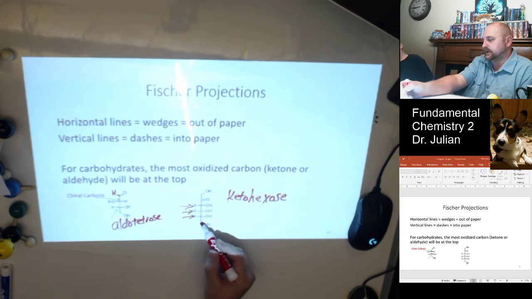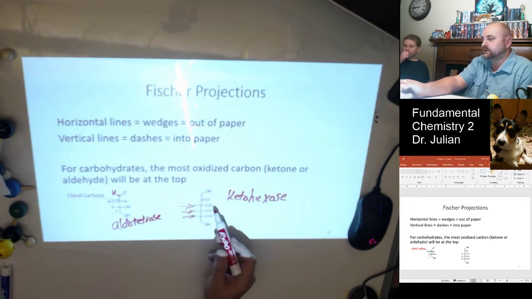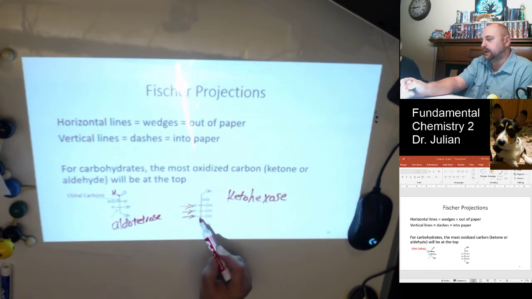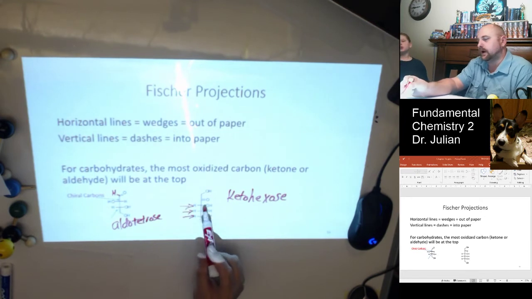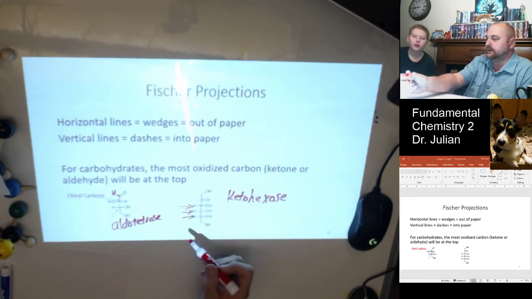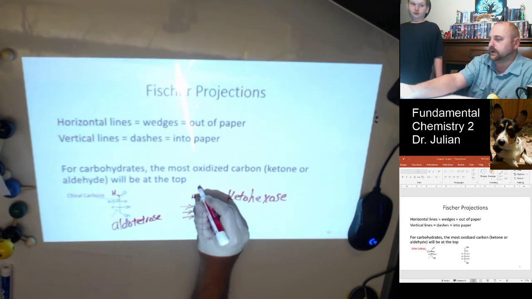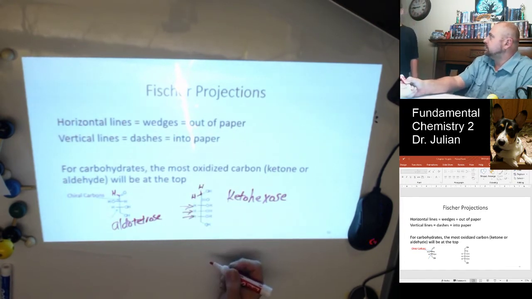This has a C with an OH, and this has a C with an OH, but it has all the rest of that, which is different. You can really look at it as the top and the bottom being different, and if they are, each one of these is chiral. Notice this is a carbon, but it's not chiral. It has 2 H's on it, 2 of the same thing, enough to make it not chiral.